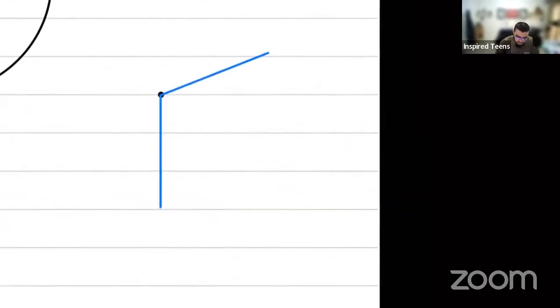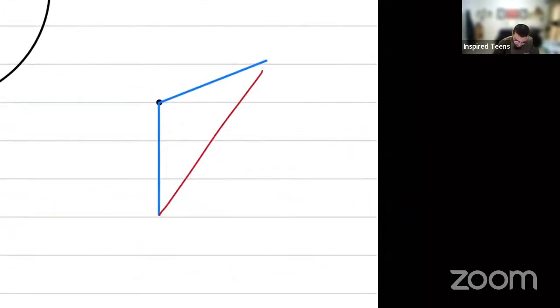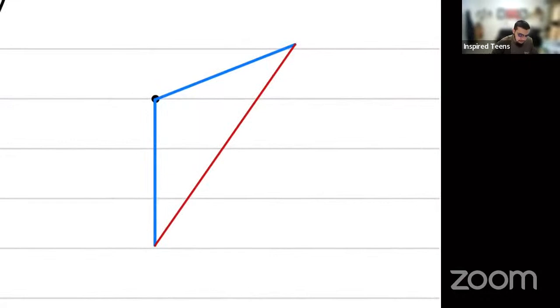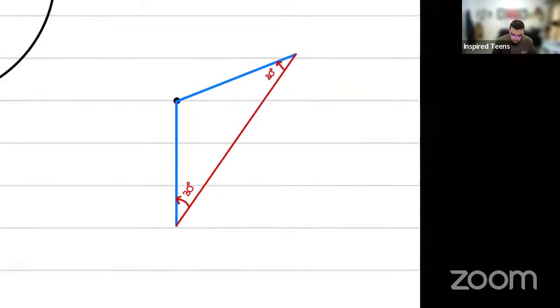The converse is if we have a regular triangle, not in a circle, and you are given that in this triangle, let's give it an actual value, this angle is 30, and this angle is also 30. So we can clearly see that these two angles are equal to one another.